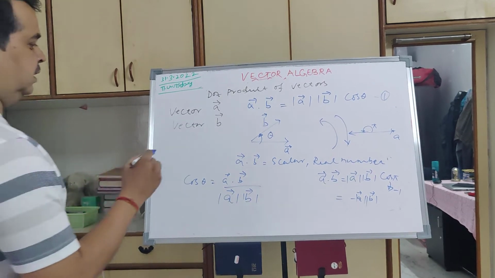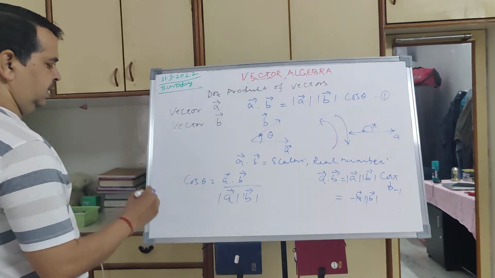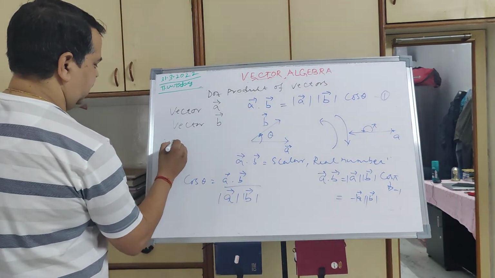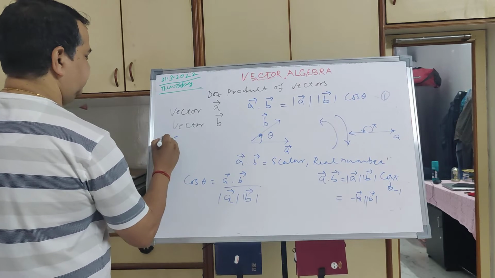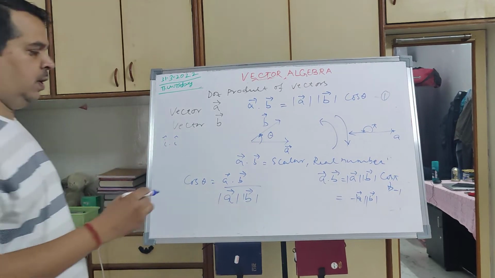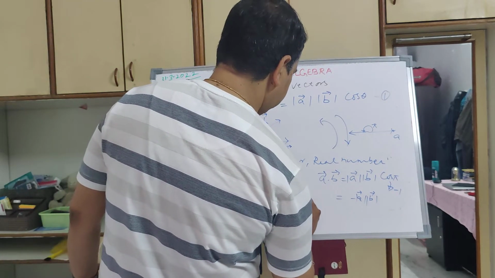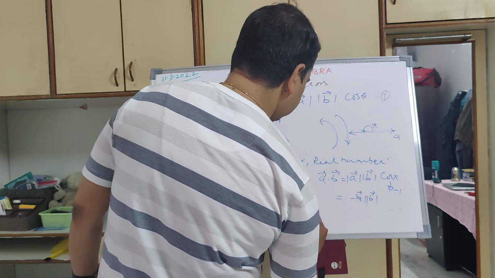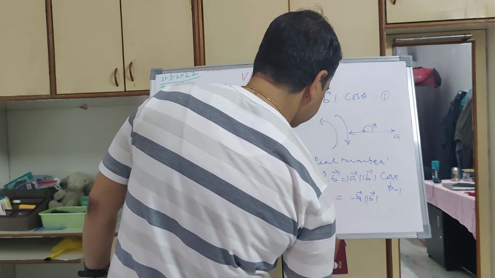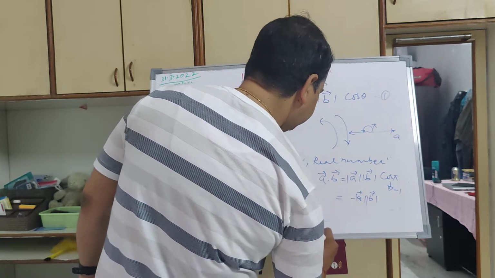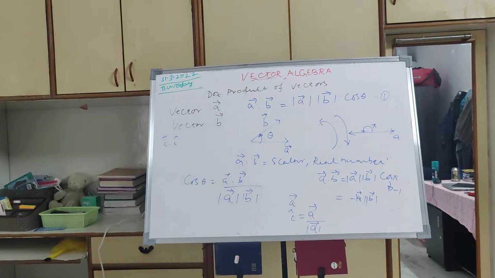Then another thing we have told, like I dot I, with unit vectors. Earlier we said that if A is a vector, the unit vector is nothing but vector A divided by magnitude of A. Okay.